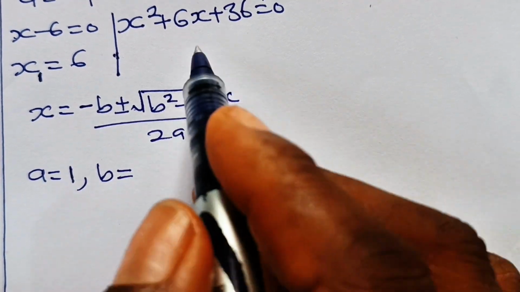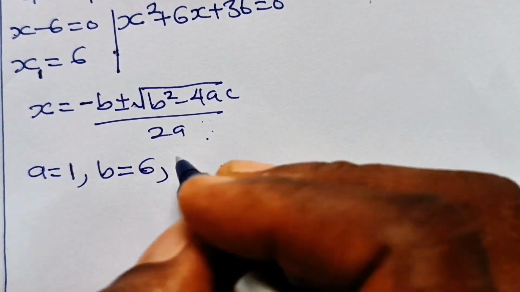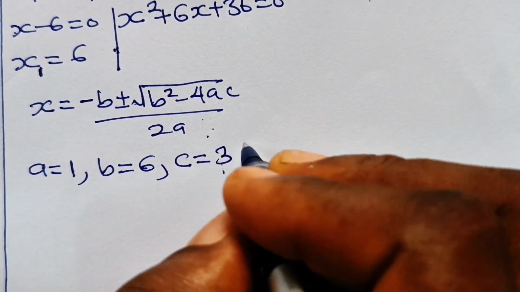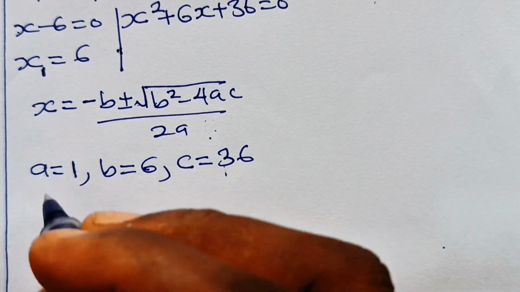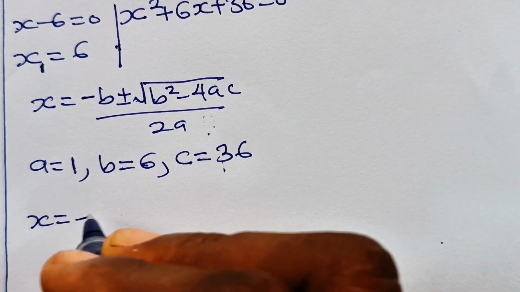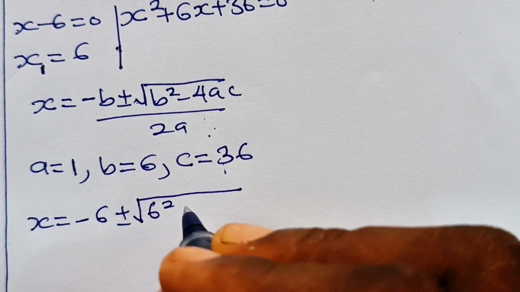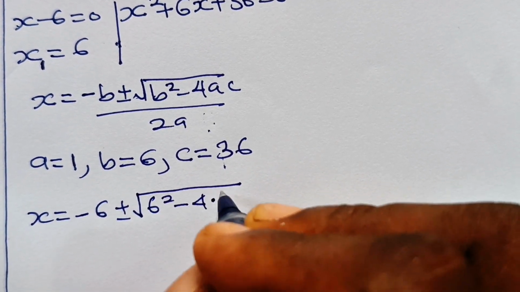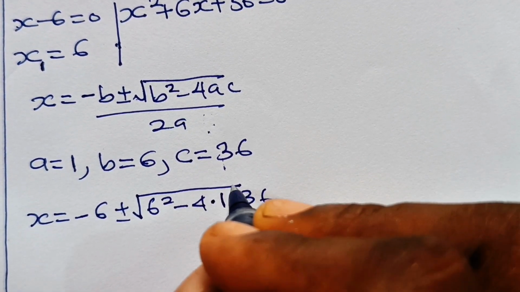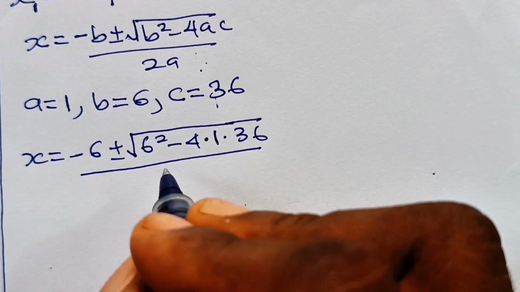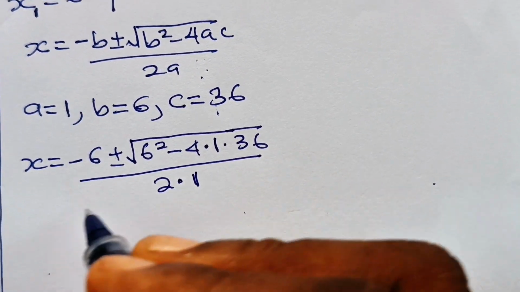Our b is the coefficient of x, which is 6. And our c is our constant, which is 36. So let's substitute. We have x is equal to minus 6 plus or minus square root of 6 squared minus 4 multiplied by 1 multiplied by 36, everything divided by 2 multiplied by 1.